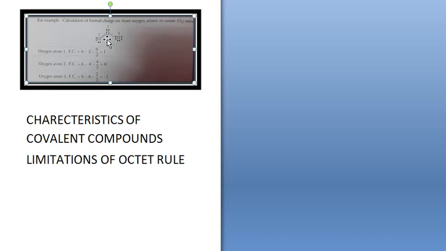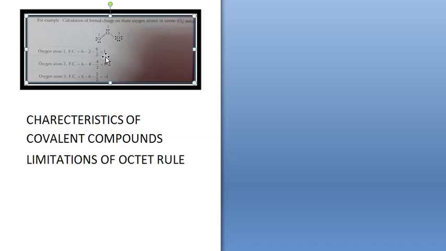If you look at oxygen atom 1, what is the total number of valence electrons on free atom? 6, minus total number of electrons which are lone pair, which are not taking part in bond formation. See over here, there are 2 dots, so minus 2. Then total number of shared electrons: how many electrons have been shared? 6. So that has to be divided by 2, so it will become 6 upon 2.